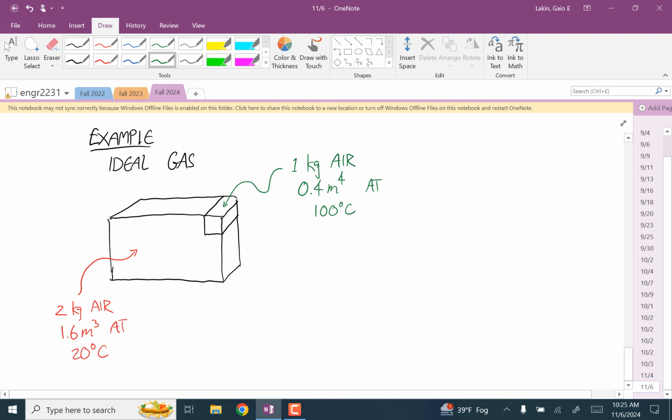And through some electric switch or whatever, we open that box and let these two amounts of air mix, okay?